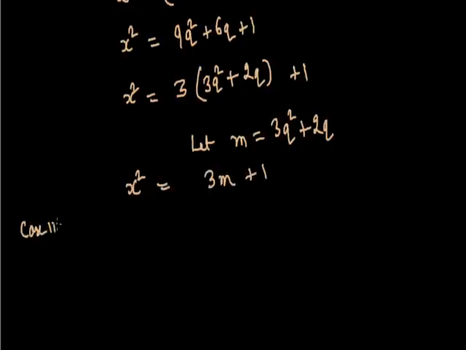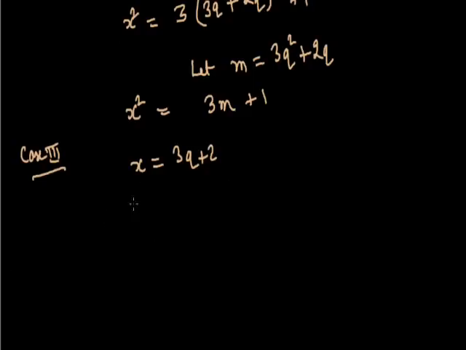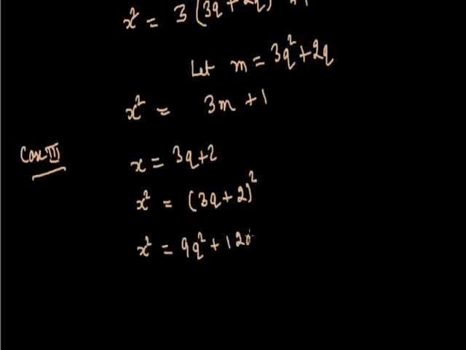Case third. x is equal to 3q plus 2. Now again squaring both sides, x square equal to the whole square of 3q plus 2. So x square equal to 9q square plus 12q plus 4. 4 can be written as 3 plus 1. So we will write 9q square plus 12q plus 3 plus 1.